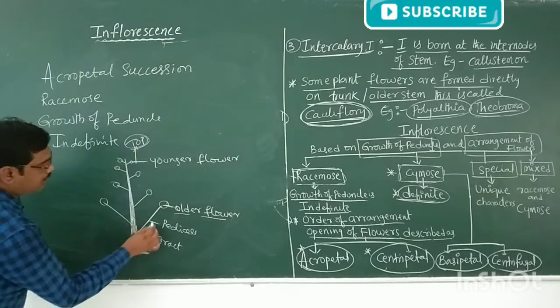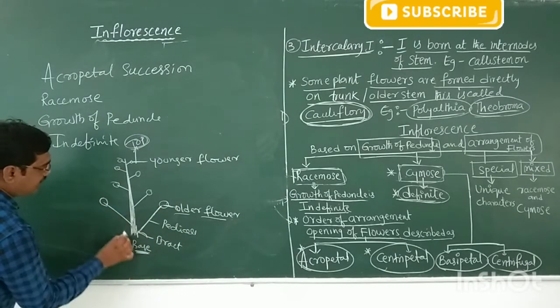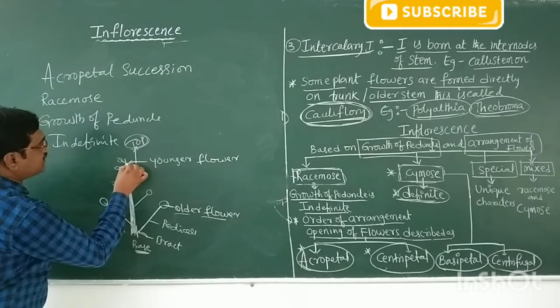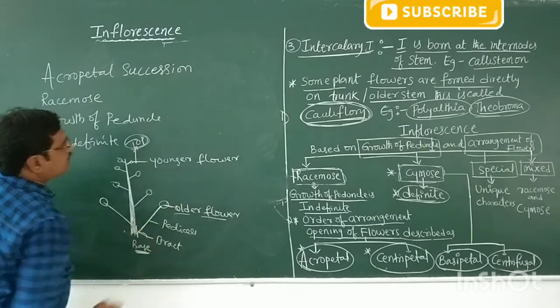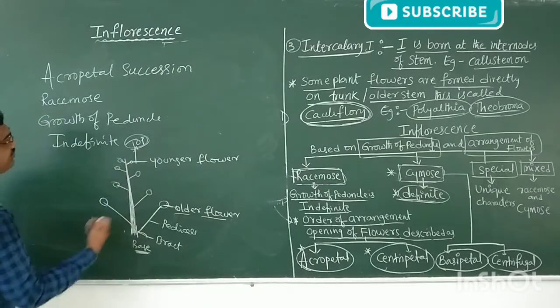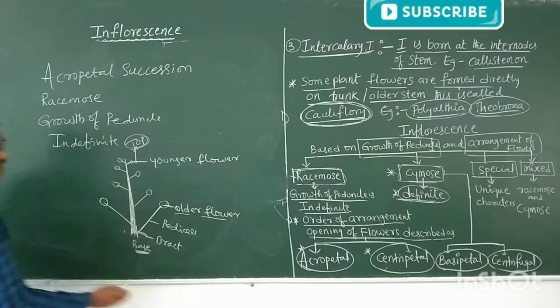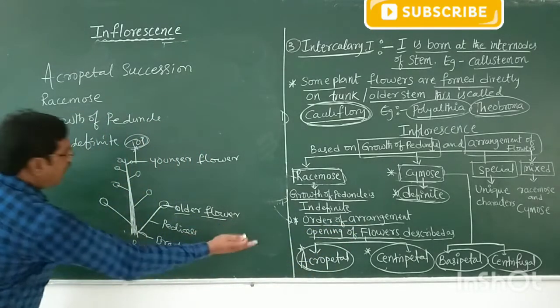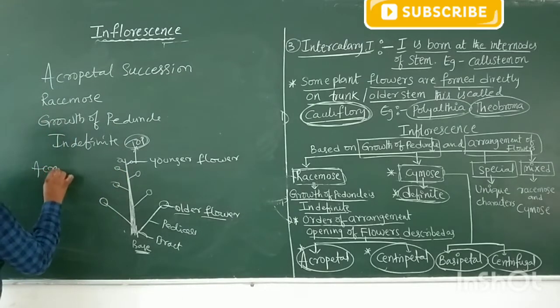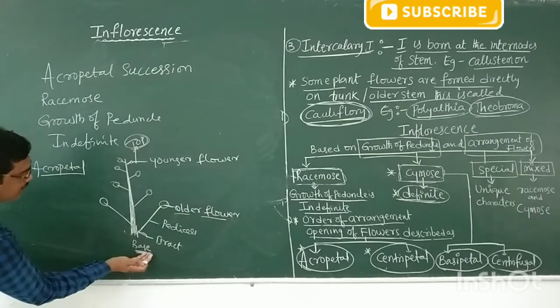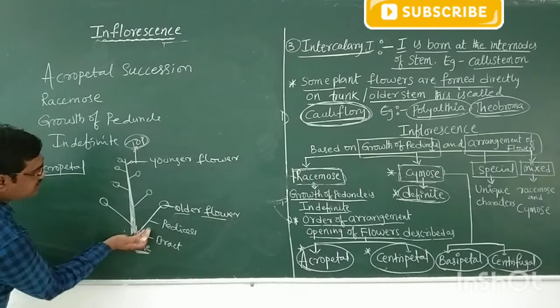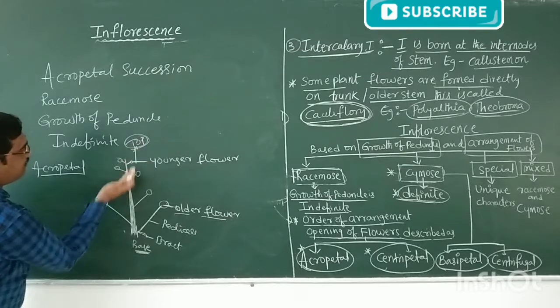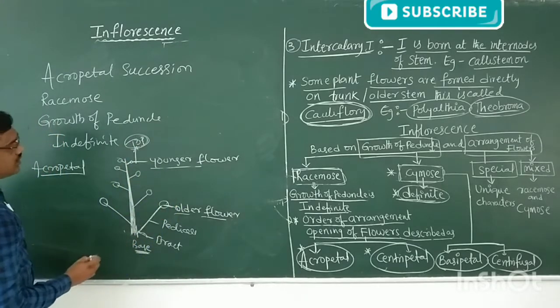The longer pedicellate flowers are present at the base and shorter pedicellate flowers at the top. This type of arrangement is called acropetal succession: older flowers at the base, younger flowers at the top of the peduncle.